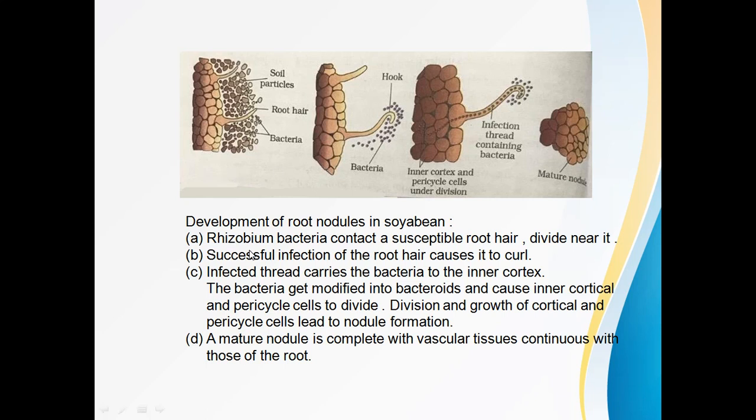Rhizobium is the name of the bacteria which enters into the root hair of the plants. After entering, it converts the nitrogen to ammonia, the useful form, so that the plant can use this ammonia for their growth and development, which is important for the plants.